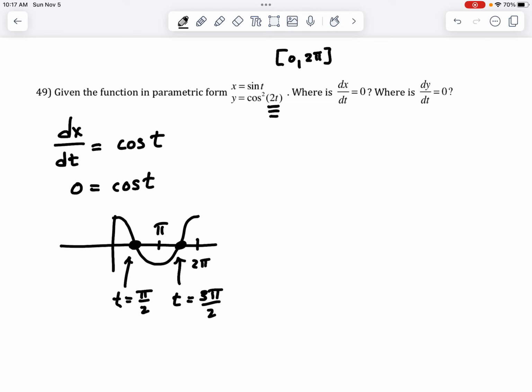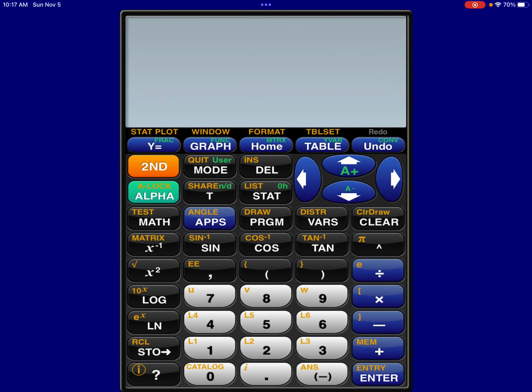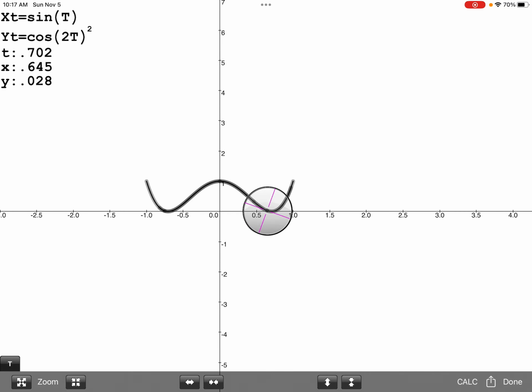So that's when it ceases to go either left or right. And so if you go back to the graph, basically when it gets to this pinnacle right here, this top point, then the x can no longer go to the right.